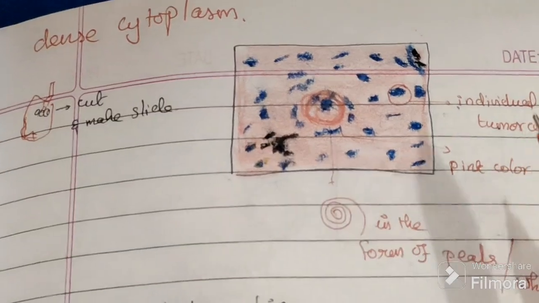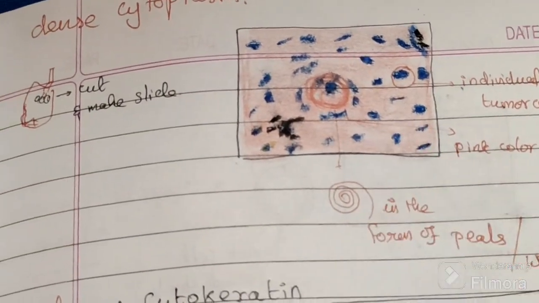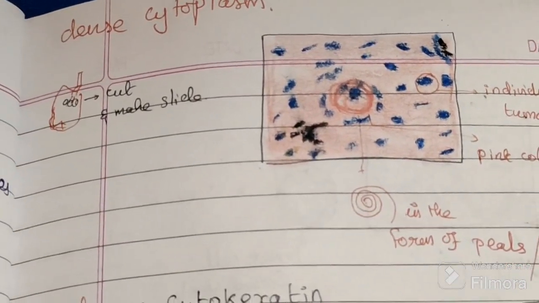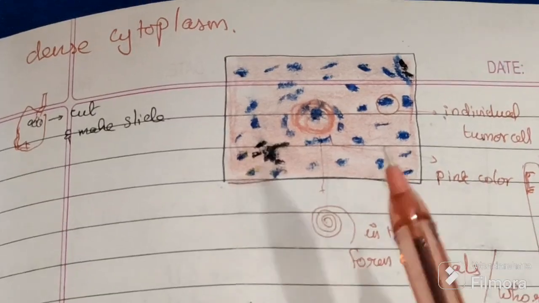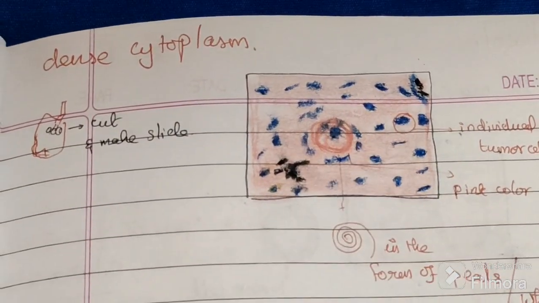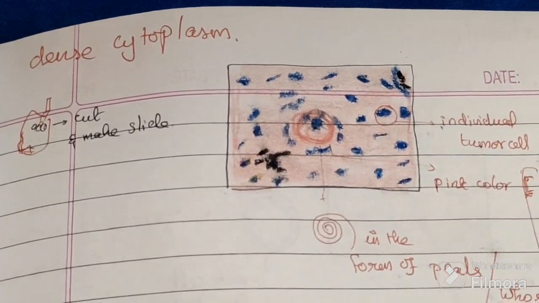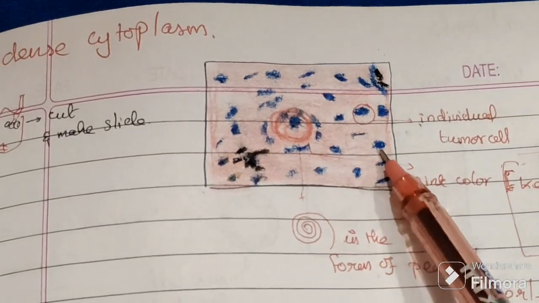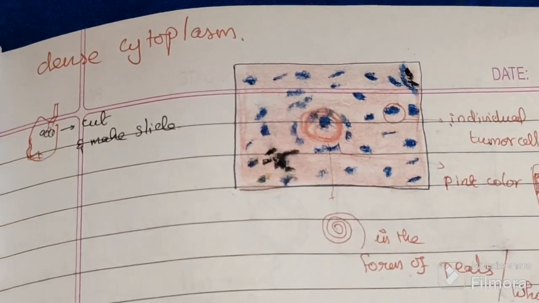Tumor cells are arranged in the form of sheets, the pink-colored area. In the sheet, see the individual tumor cell.